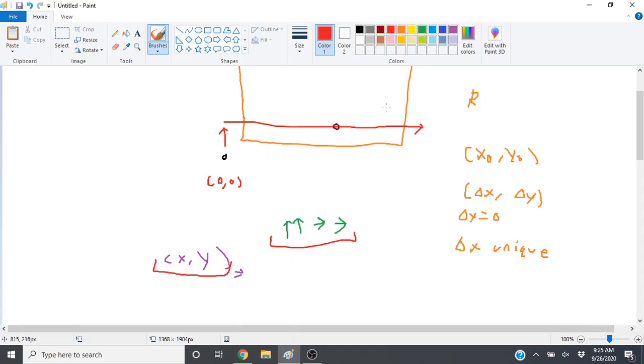In that case, if we move k times to the right, and the obstacle is in position i, then delta x is going to be equal to k minus i plus 1.